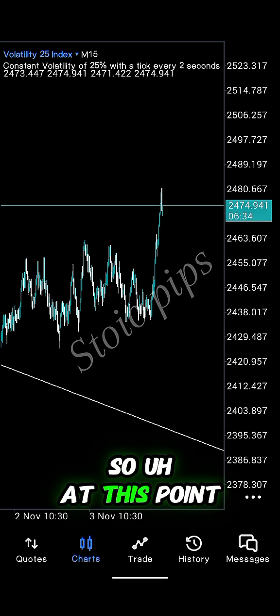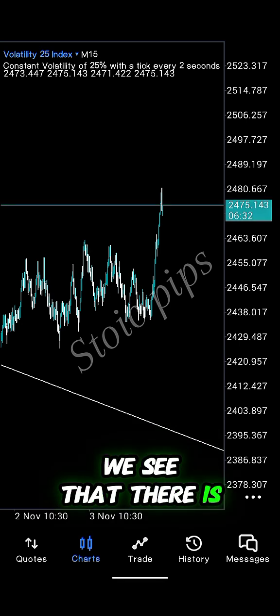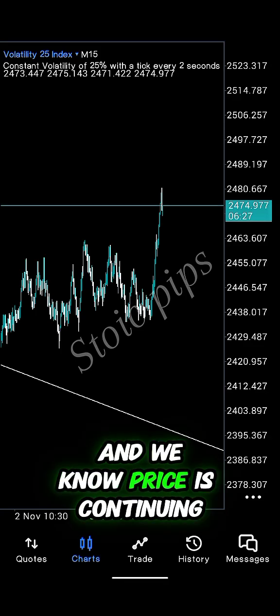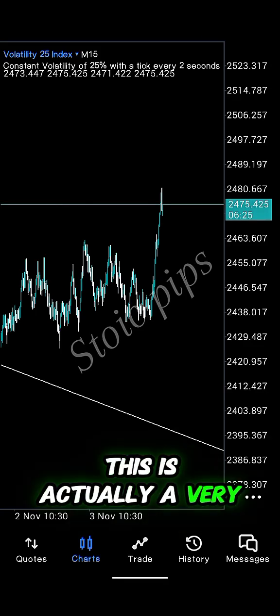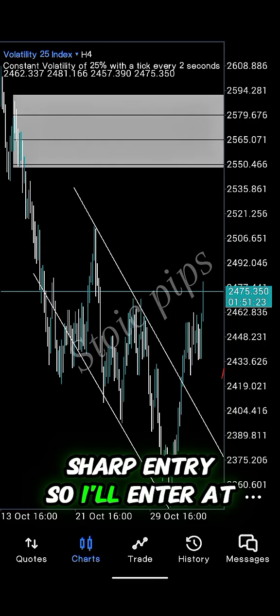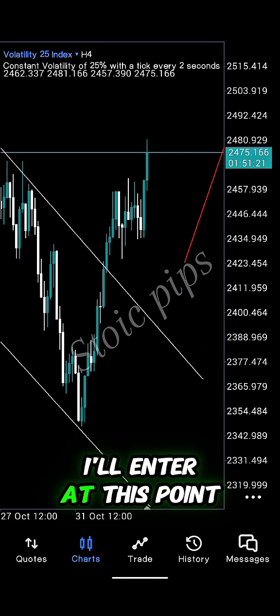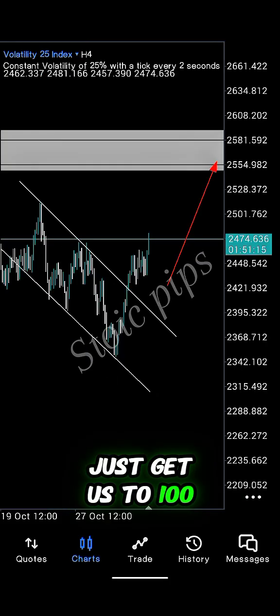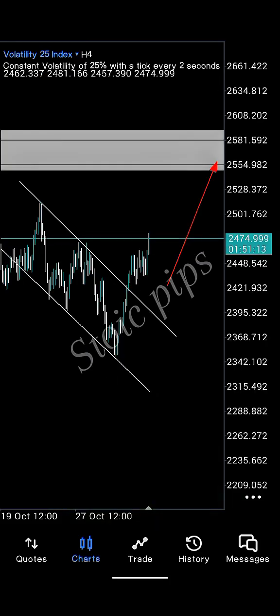So at this point we see that price has had a pullback, and we know price is continuing. This is actually a very sharp entry. So I'll enter at this point and just get us to 100, and then we get out.